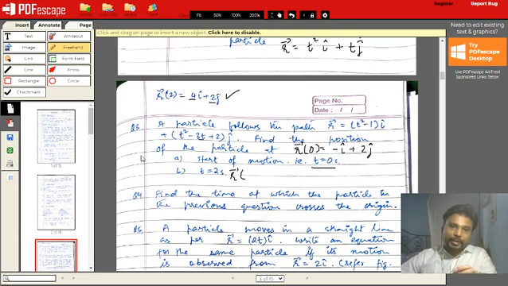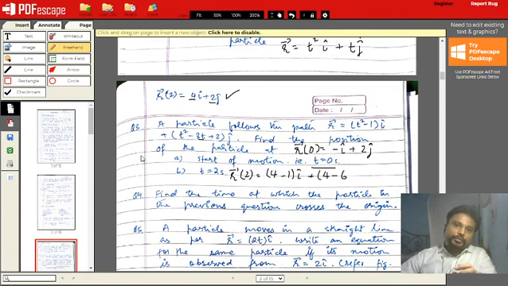Position of particle at 2 seconds is (4 minus 1) i cap plus (4 minus 6 plus 2) j cap.